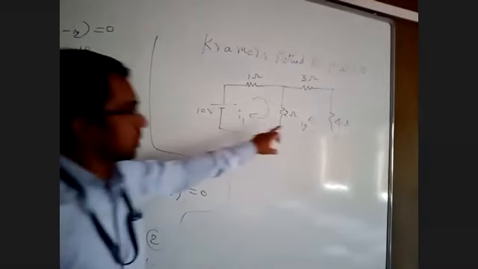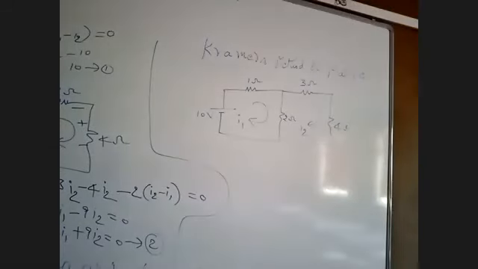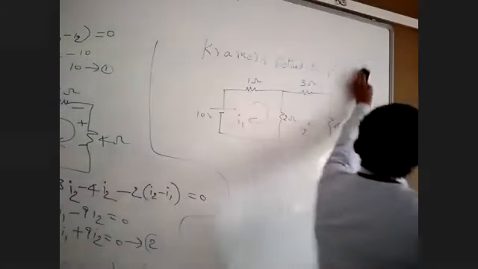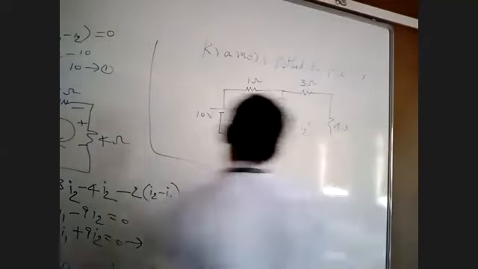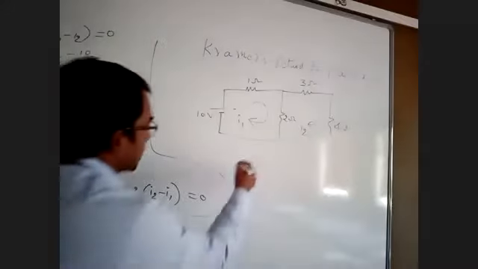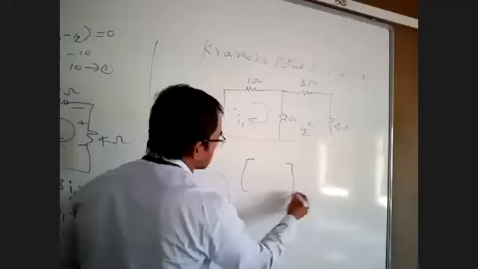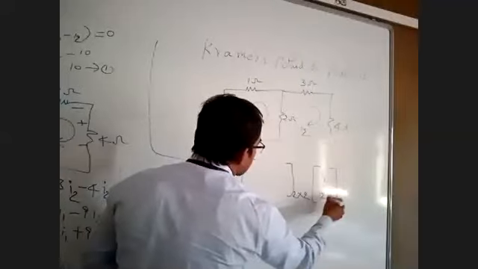I have to determine I1 by using Cramer's method or matrix method. Now here, how many loops are there? Two loops, so we'll get a two-way matrix. In the two loops, we are having two currents, I1 and I2.